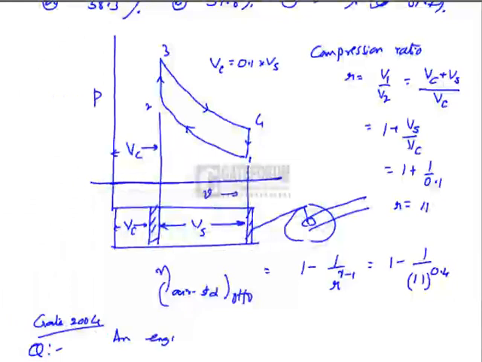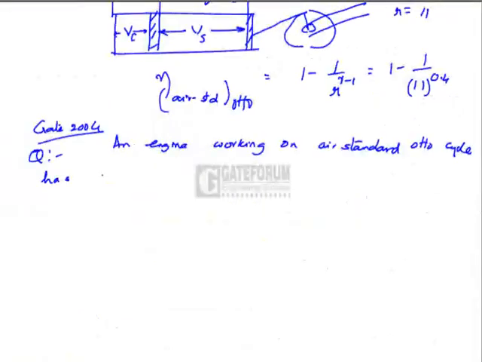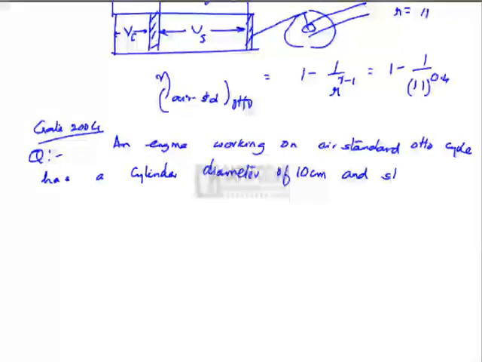An engine working on the air standard Otto cycle has a cylinder diameter of 10 centimeters and stroke length of 15 cm.